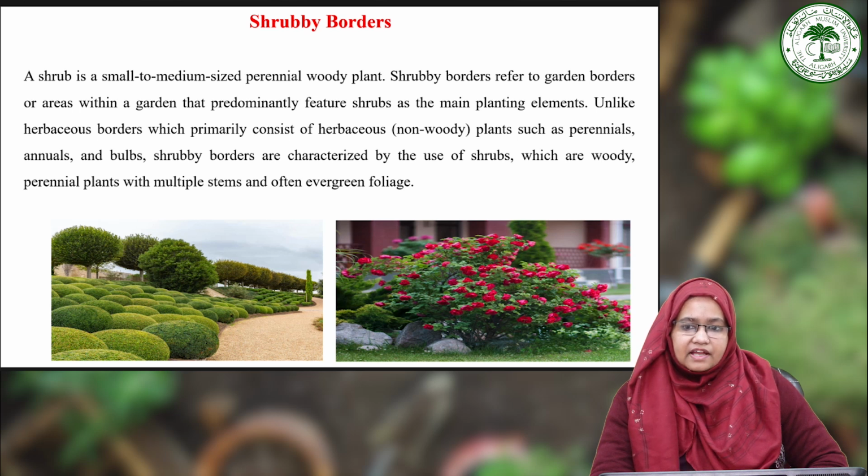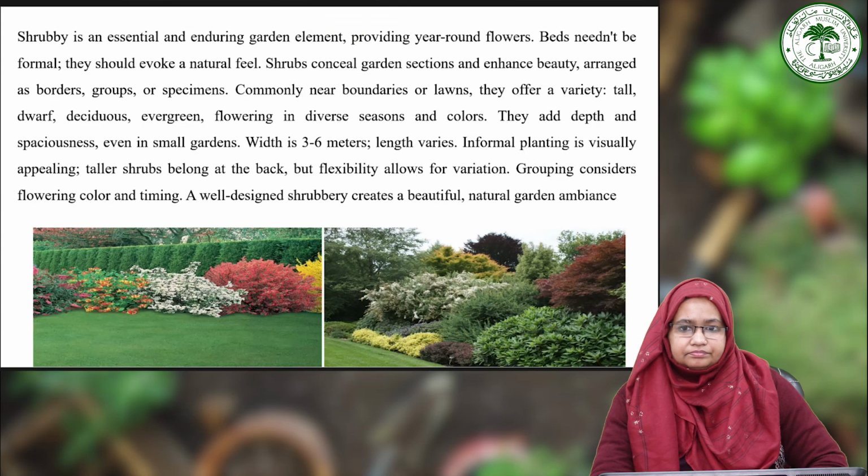They can have evergreen foliage, meaning they keep their leaves throughout the year, or deciduous foliage which sheds leaves seasonally. Shrubs constitute an essential and enduring element of any garden, providing flowers throughout the year. Shrubs are fundamental elements in gardens, offering year-round beauty with their consistent flowering patterns.